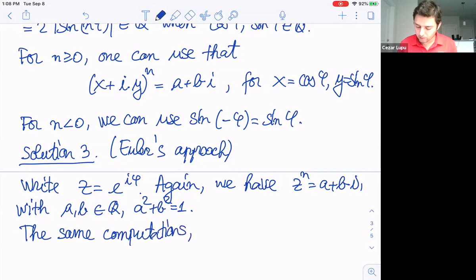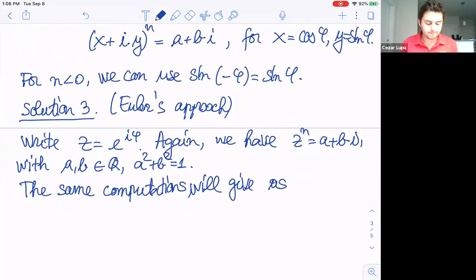The same computation will give us that, well, let me denote this by w, let's say, the absolute value of w squared minus 1 will be, again, 2 times the absolute value of b, right?